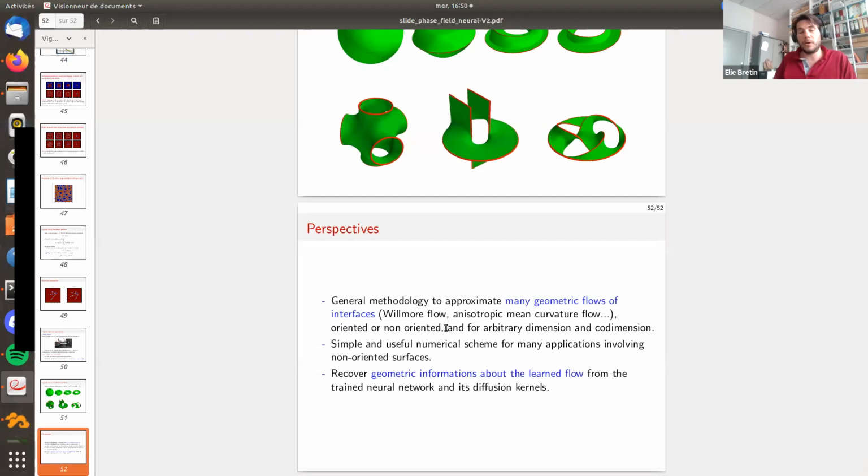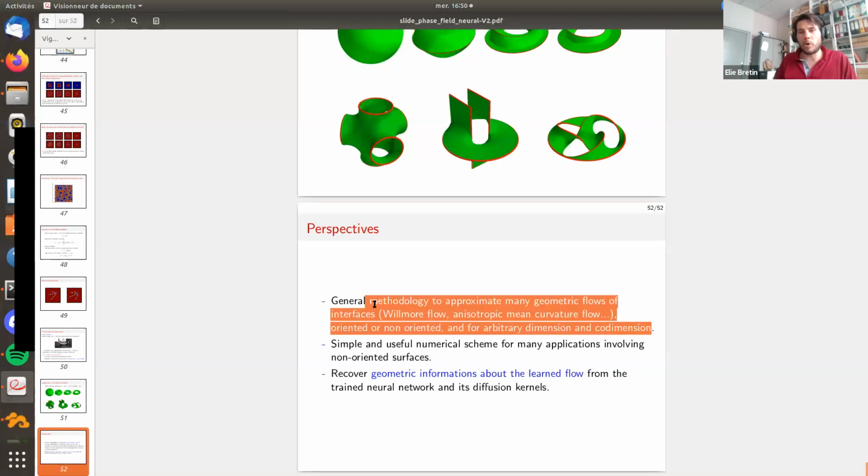So it is very interesting to have a simple scheme to be able to evolve by mean curvature flow this kind of situation. And it also works in arbitrary dimension and codimension. So it's very nice, and we expect that we can use it for many applications involving non-oriented surfaces, as for instance the Mumford functional.